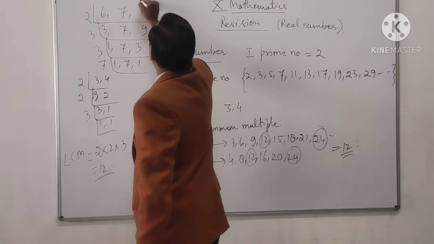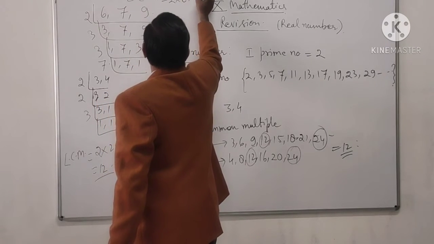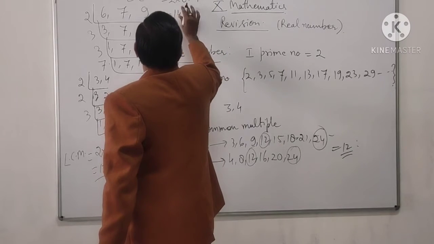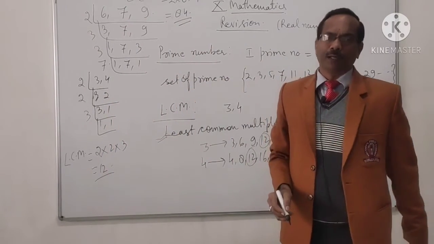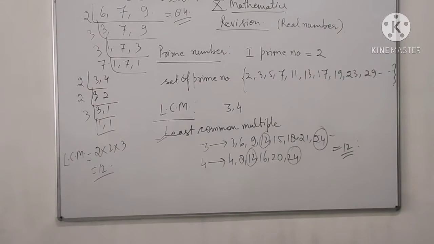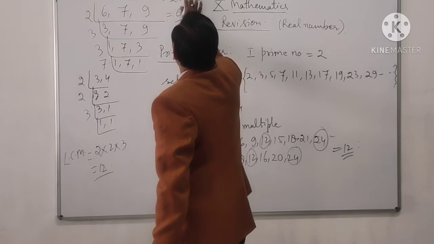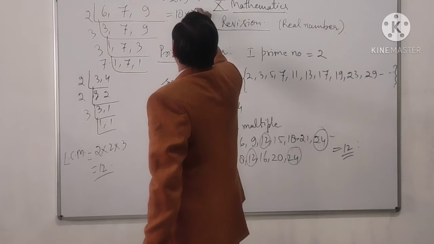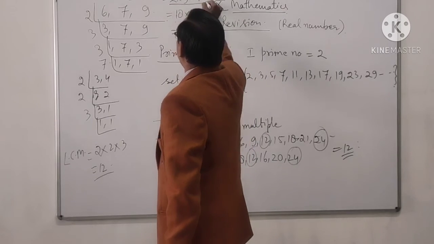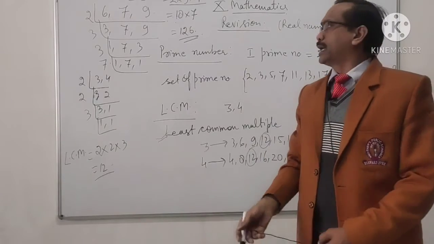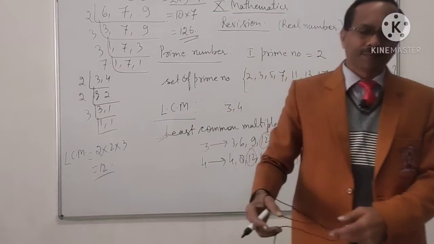So LCM will be 2 into 3 into 3 into 7. 2 threes are 6, 6 threes are 18, 18 sevens are 126. So the LCM of 6, 7 and 9 is 126.